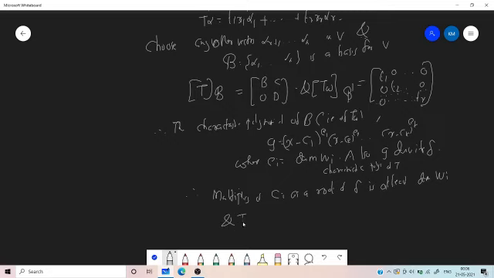And T is diagonalizable, as we learned before, if r equal to n, that is if and only if e1 plus e2 plus etc. plus ek equal to n.